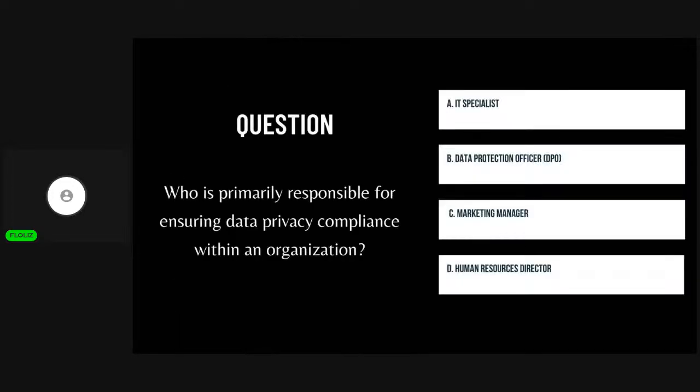So the first question is, who is primarily responsible for ensuring data privacy compliance within an organization? You can just drop the option. We have option A, option B, option C, and D. You can drop your answer in the comment section, and we'll review if that is correct.